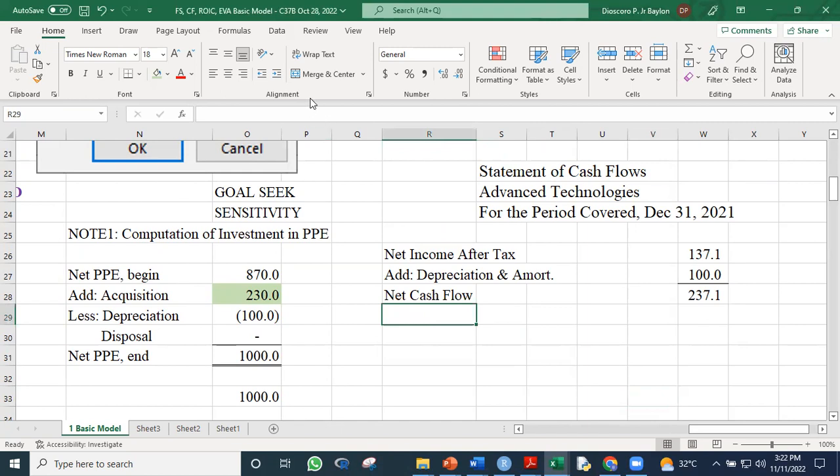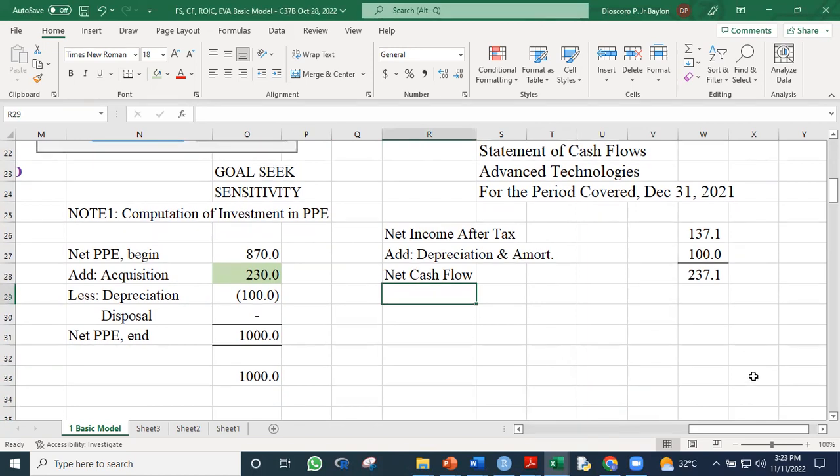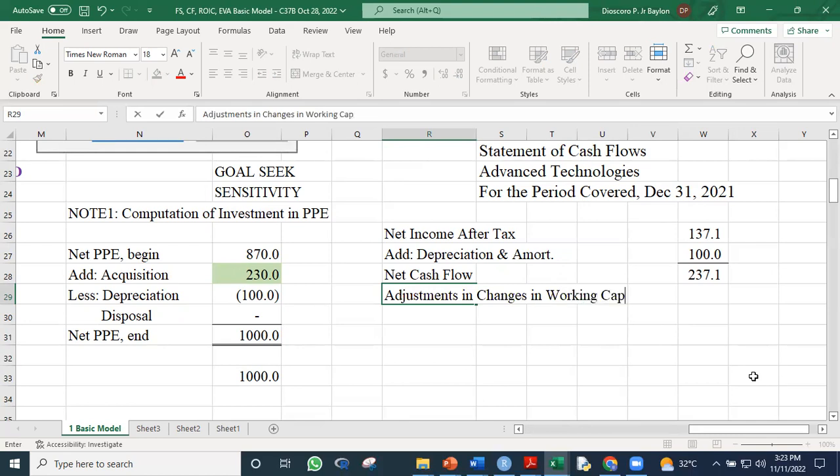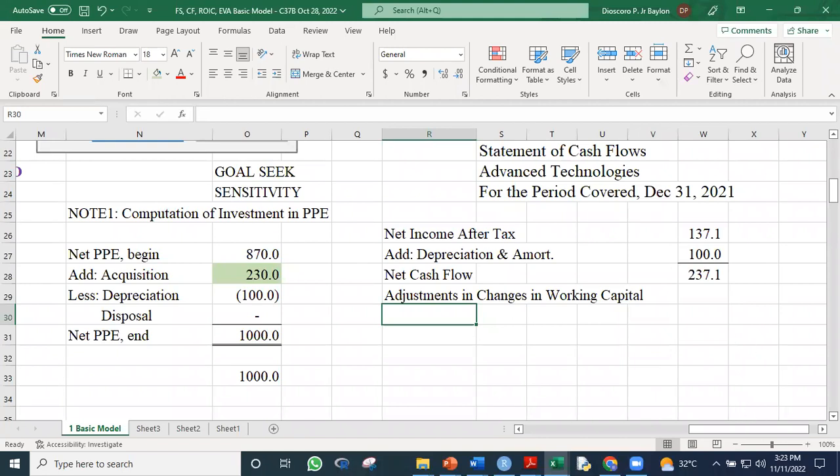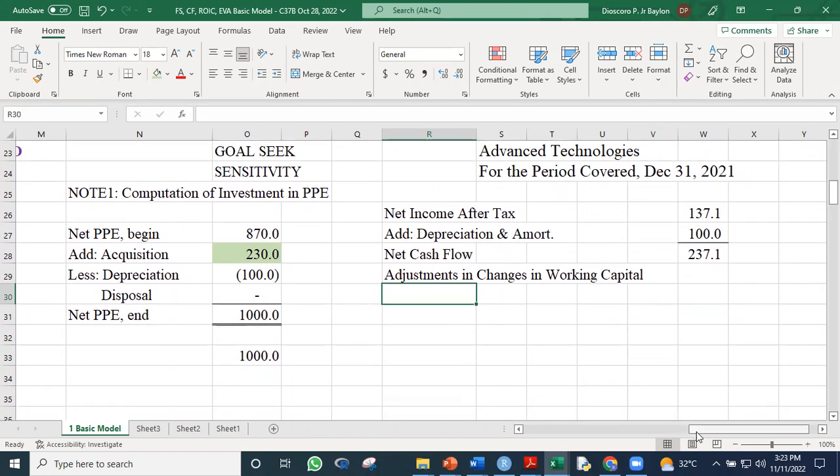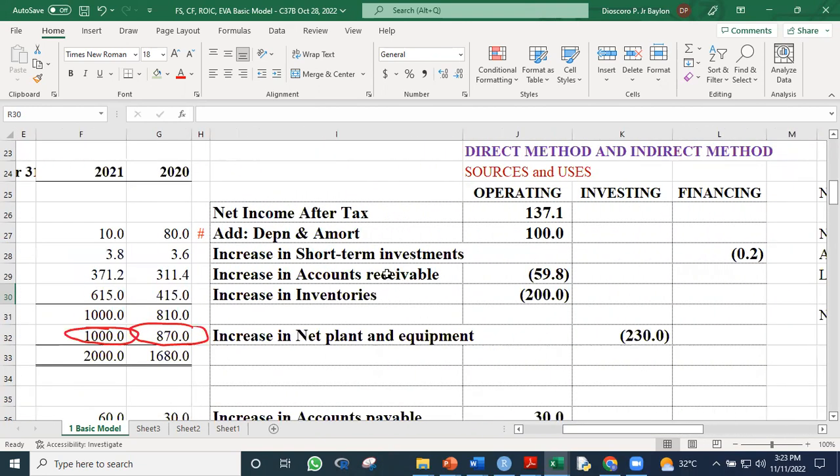So after the net cash flow, we now write here adjustments in changes in working capital. All right. So what are the changes in the working capital? We have it here actually.